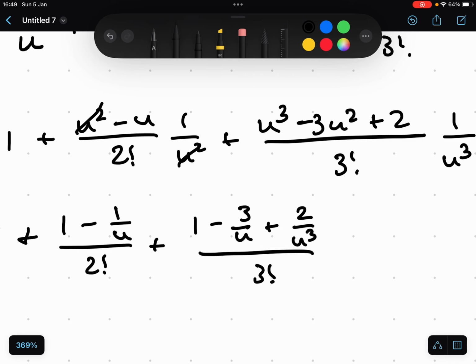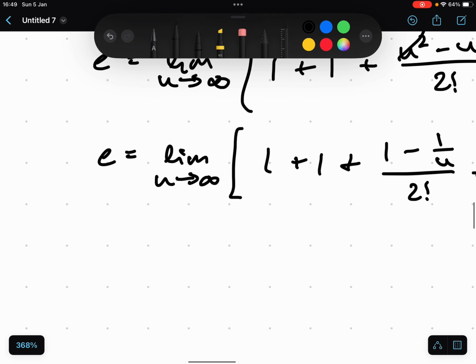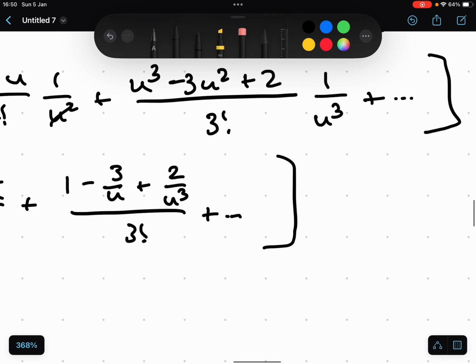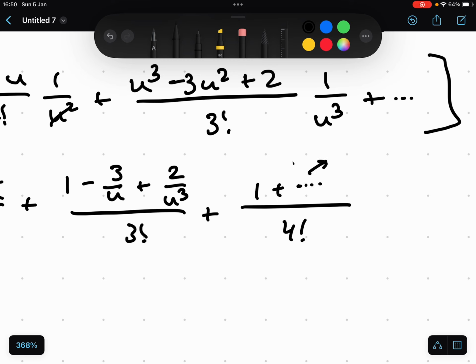And I can say pretty confidently that if I keep going with this, I'm just going to get plus, and then a 1 over, let's say 4 factorial, and I'm just going to get plus a bunch of stuff. And all that bunch of stuff is just going to be a reciprocal of u, maybe to some kind of power, like we can see here. But it's definitely because this is going to be the highest order.